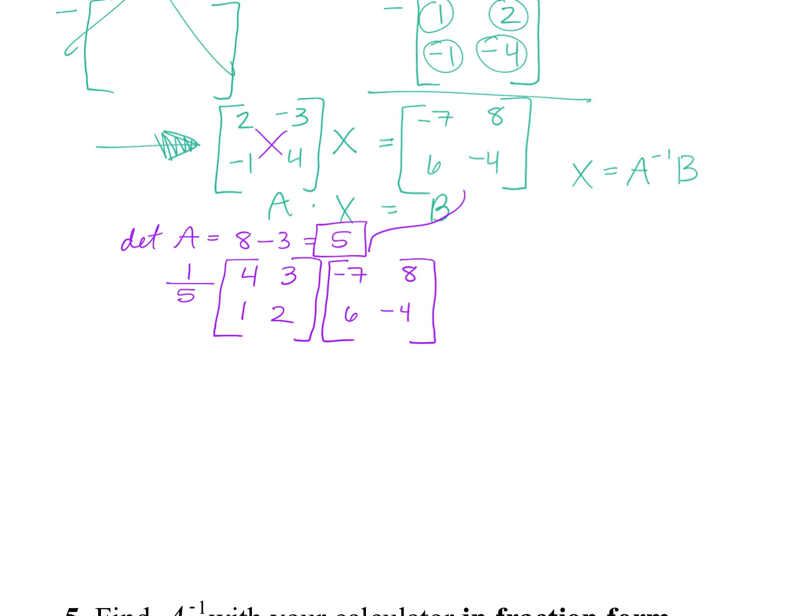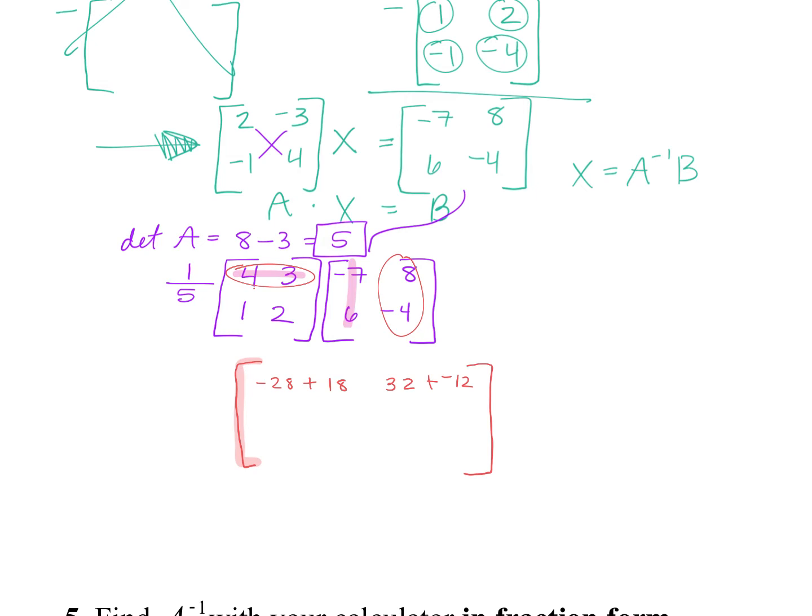This is going to be top row, first column. So 4 times the -7 is -28, plus 6 times 3 is 18. Then top row, second column, so 4 times 8 is 32. 3 times a -4 is a -12.